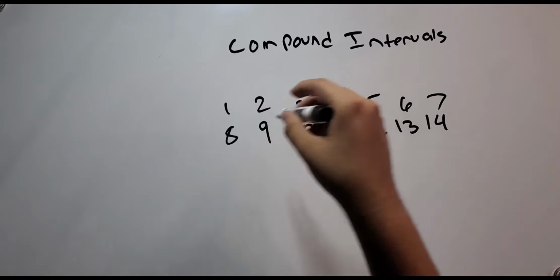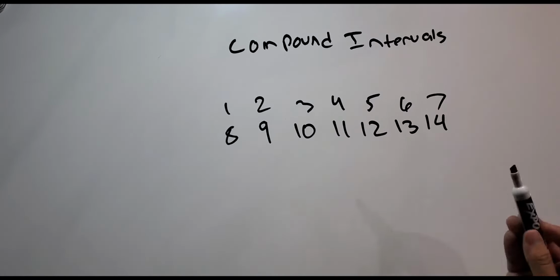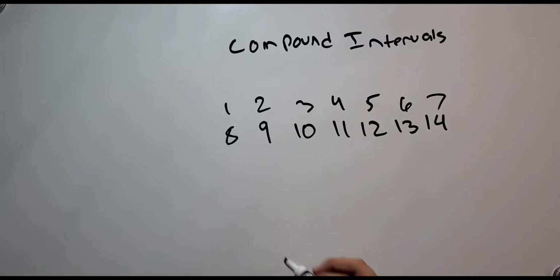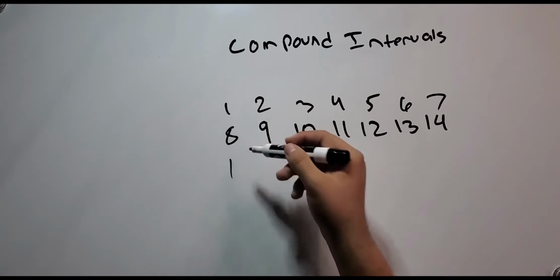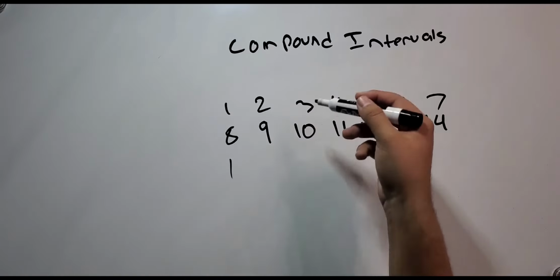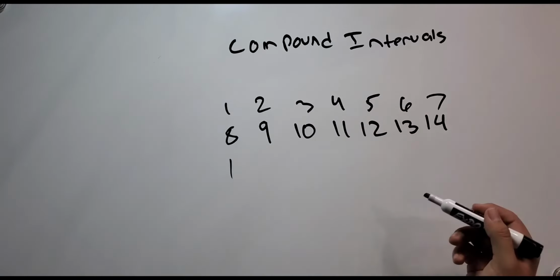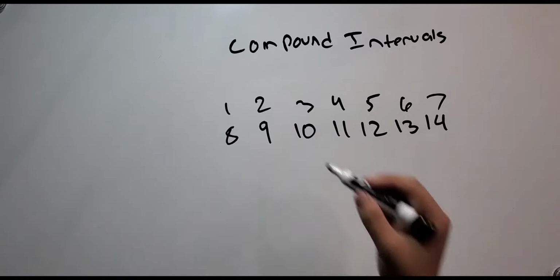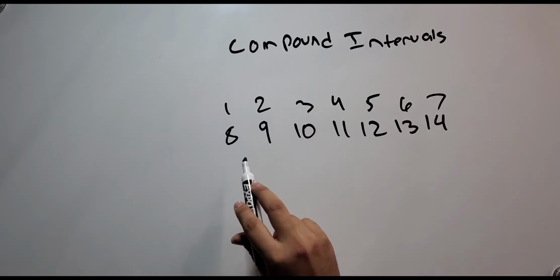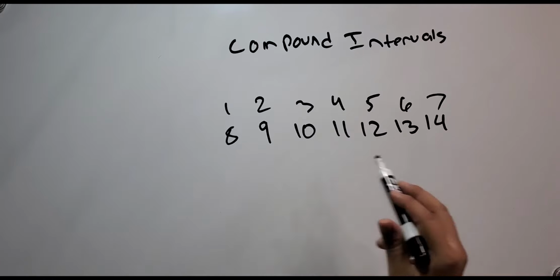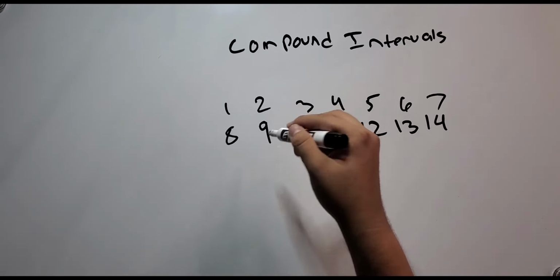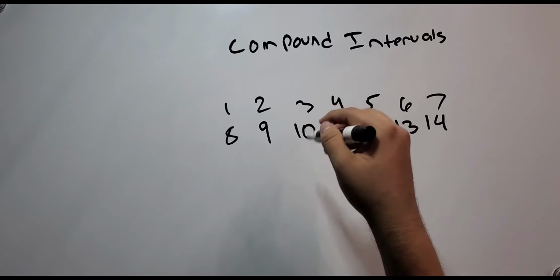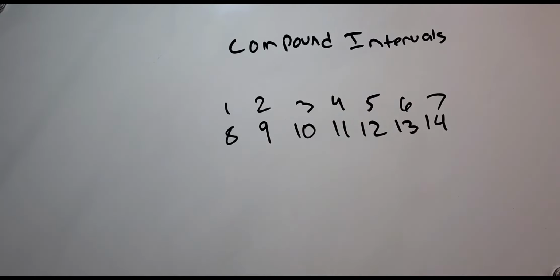Now, the way we can figure out these intervals is if you get one of the majors, just add 7 to it and you'll get the compound. 1 plus 7 is 8, 2 plus 7 is 9, and so forth. Now, this of course works because once you get to the octave 8, if you keep going on, that 9 is now the second scale degree, just an octave up. That 10 is the third scale degree, just an octave up.